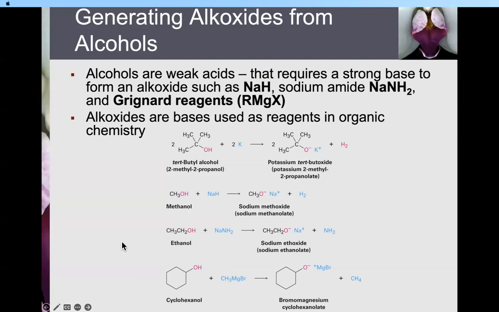And cyclohexanol becomes bromomagnesium cyclohexanolate. So again, alcohols are weak acids and they do not react with weak bases. They react with strong bases, such as sodium hydride, sodium amide, and Grignard reagents.